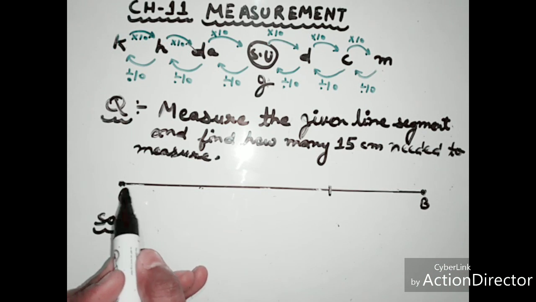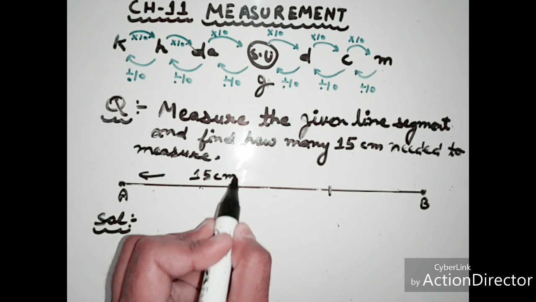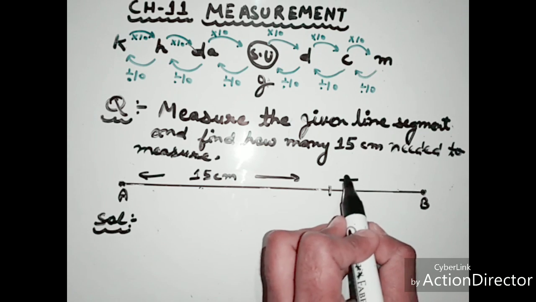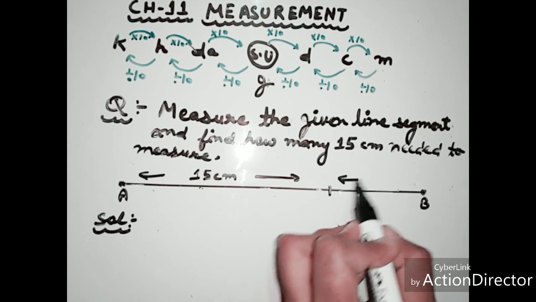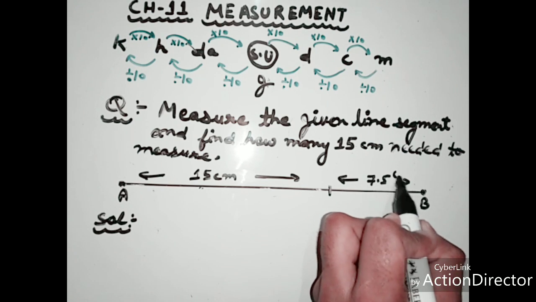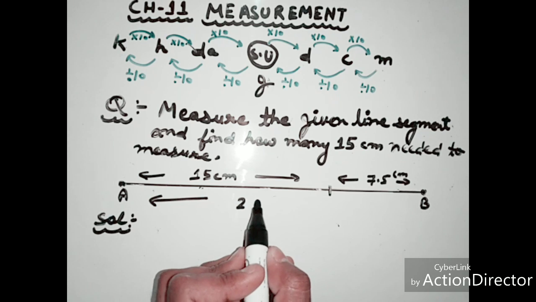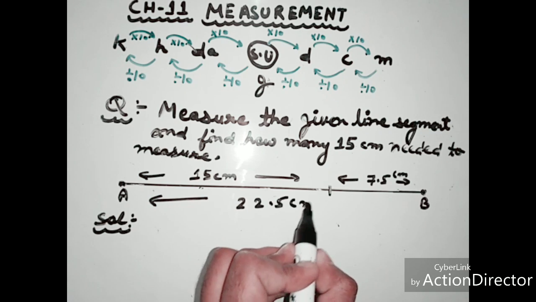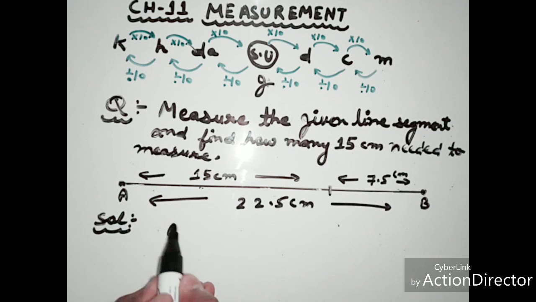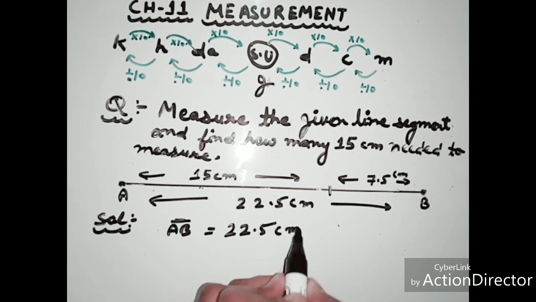Now the length from here to this point is 15 centimeter and from this point to this point 7.5 centimeter. So the total distance equal to 22.5 centimeter. So here the length of line segment AB equal to 22.5 centimeter.